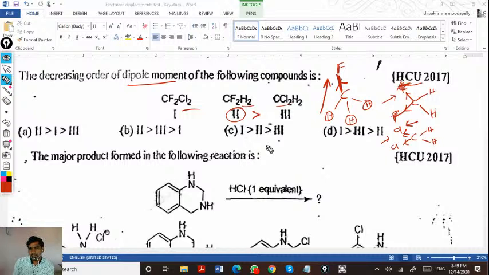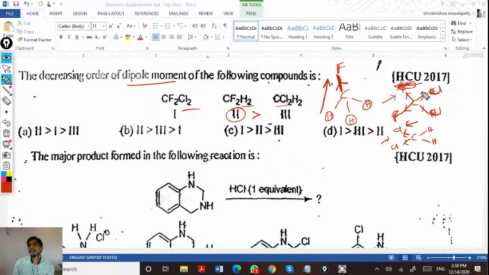After this, if I replace the hydrogens in CF2H2 with chlorine, giving CF2Cl2, earlier there was no opposing force to the fluorine, but when I place the chlorine, this will withdraw the electron density towards this side, and this will withdraw electron density towards this side. Now dipole moment means being one side, not all the sides.